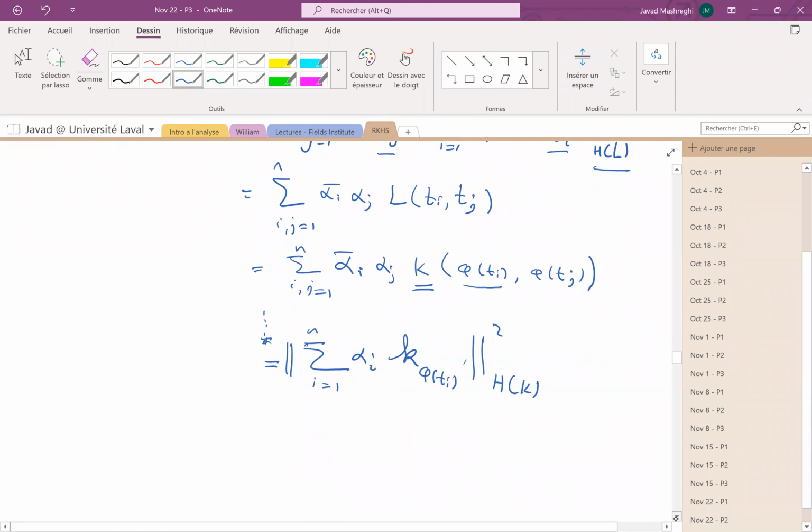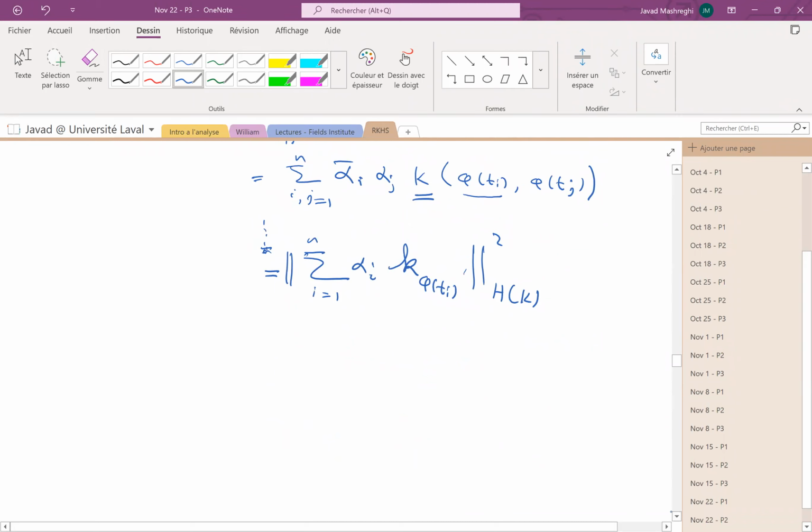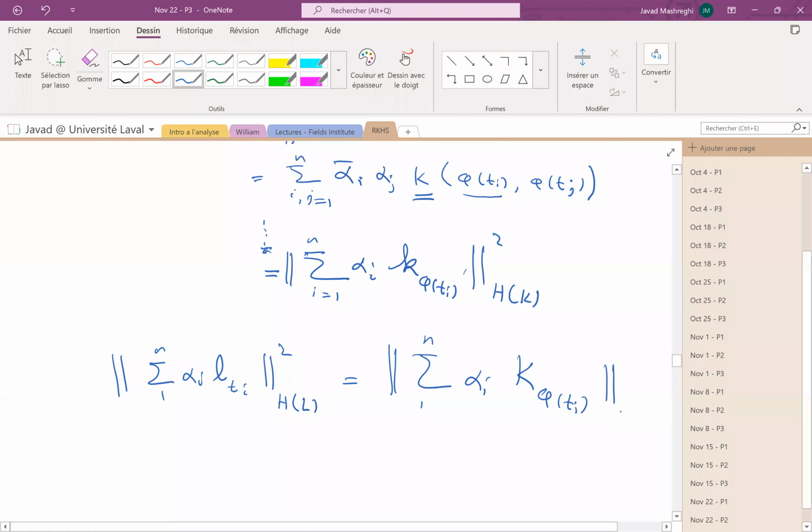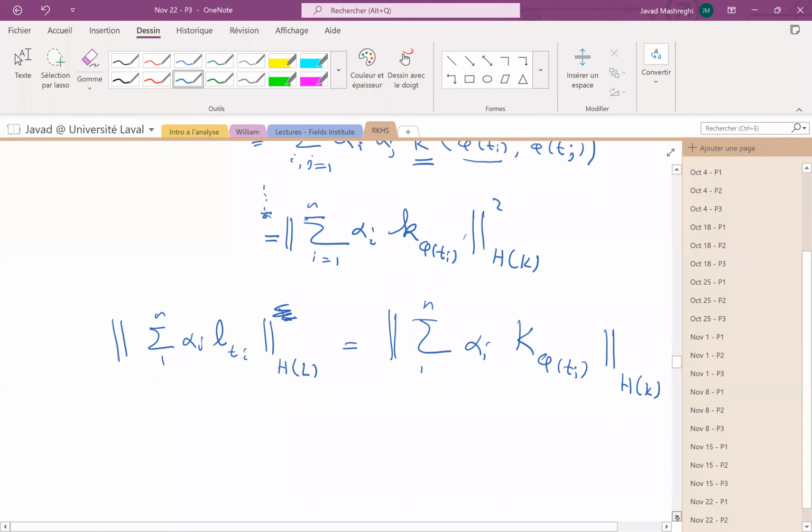So briefly, if I remove the square, what I showed is that the norm of the sum of alpha I l at Ti in H of L is equal to the norm of the sum of alpha I k at phi Ti in H of K. We can remove the square. We have an isometry.